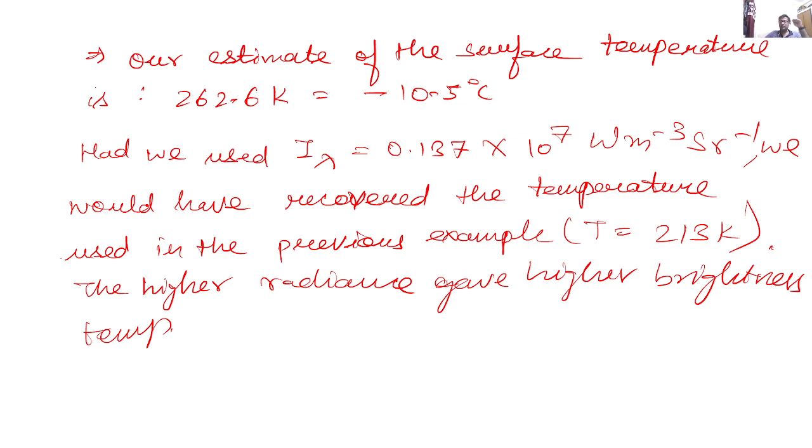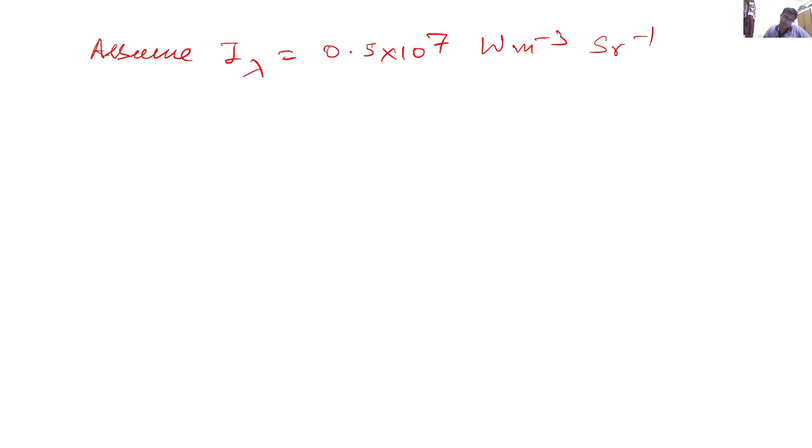Okay, so let's see that now, and let's try to come to the derivations of how we arrived at it. Assume I lambda is equal to 0.5 into 10 power 7 watts per meter cube per steradian, in the thermal infrared window centered around lambda is 10 micrometers.